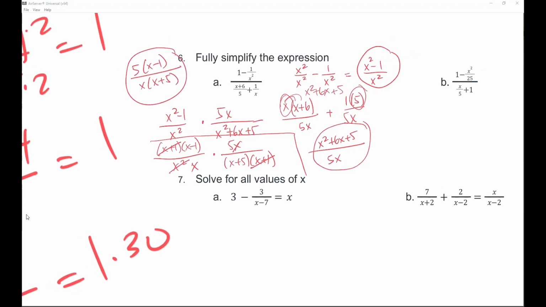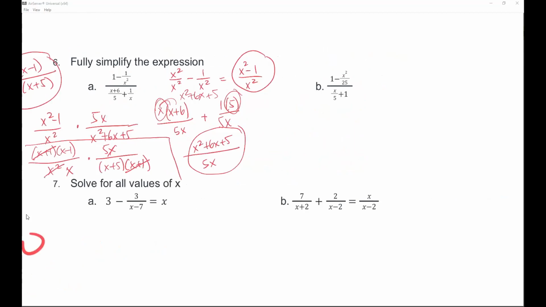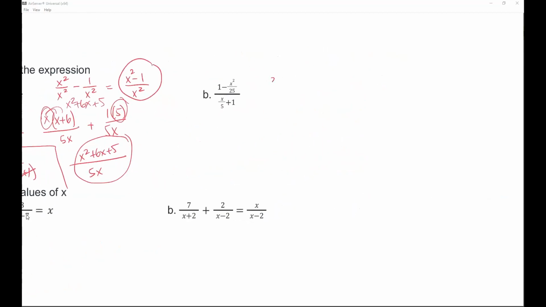Number 2, letter B. This is 25 over 25 minus x squared over 25, which is equal to 25 minus x squared over 25. This is x over 5 plus 5 over 5, which is equal to x plus 5 over 5. So when you divide this out, this will be 25 minus x squared over 25 times 5 over x plus 5, right?